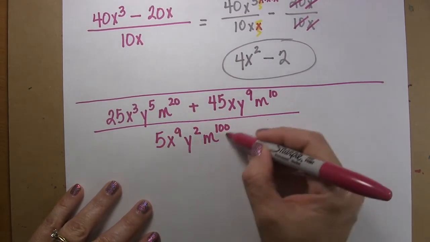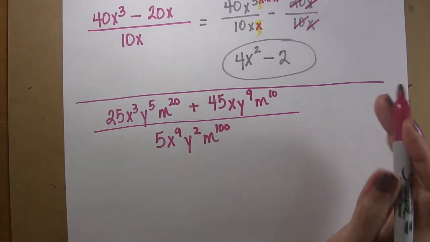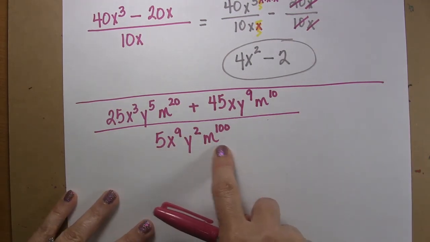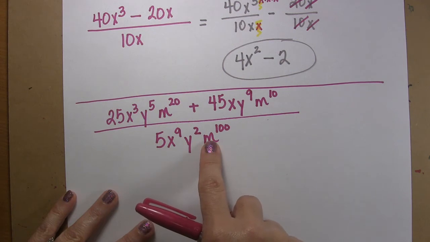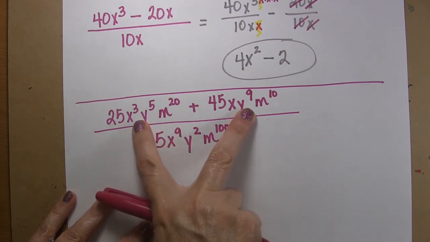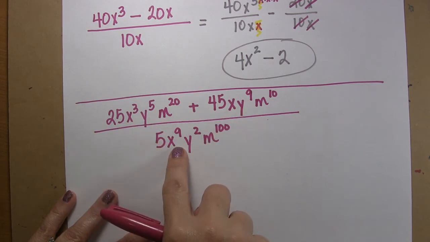This is still considered one term. I don't have to do anything funky. So even though it's long and it includes a lot of variables, every one of these things is being multiplied together, so it's considered one term. We have 2 terms in the numerator. We have 1 term in the denominator.